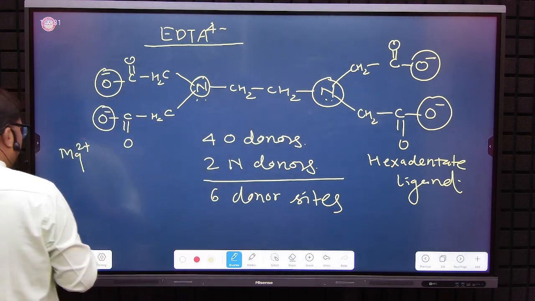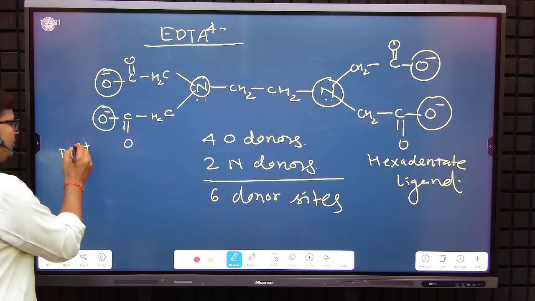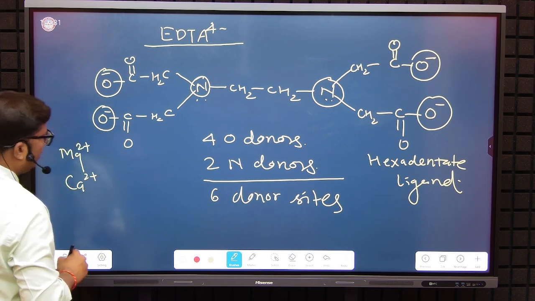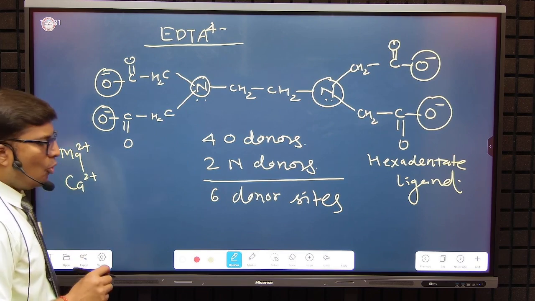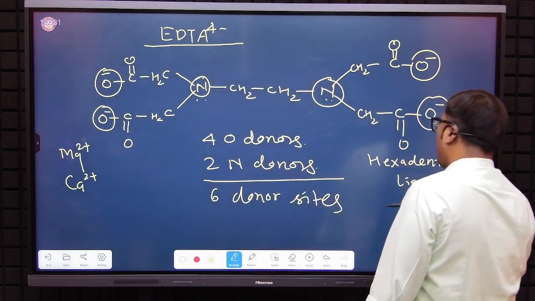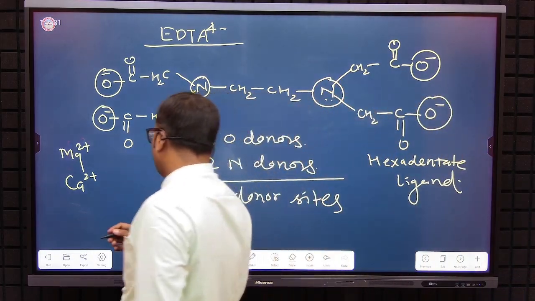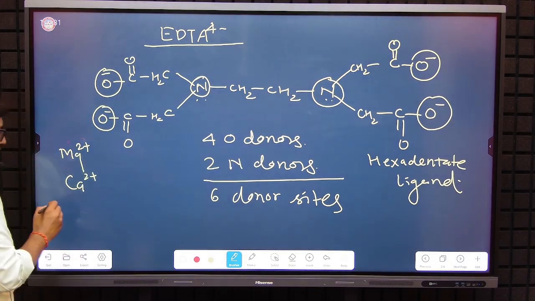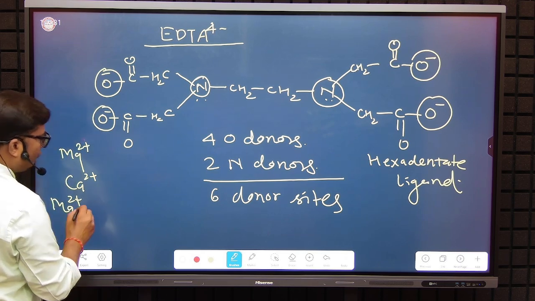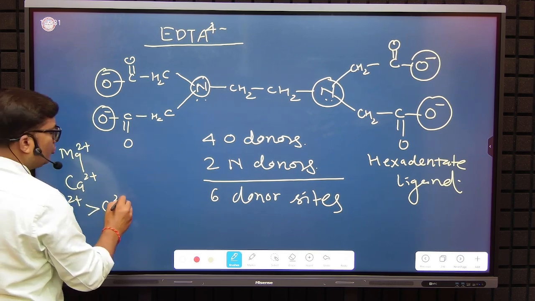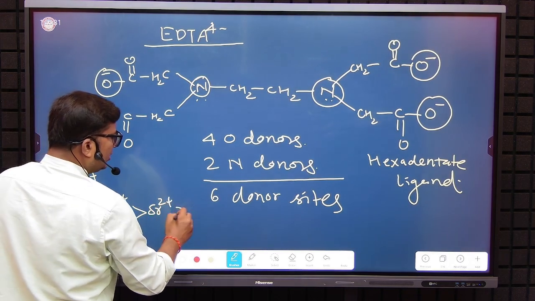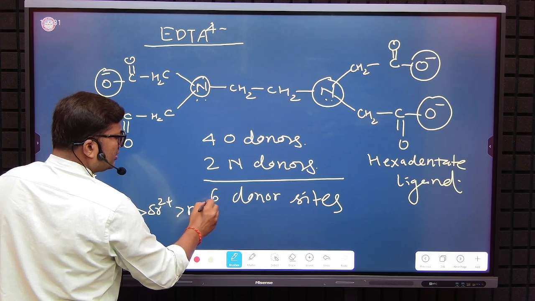So this Mg2 plus and calcium 2 plus form more stable complexes with this particular ligand. So this is the order of formation: Mg2 plus has a large tendency to form compared to calcium 2 plus and then strontium 2 plus and then barium 2 plus, right?